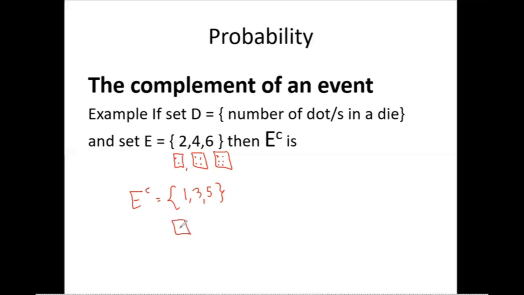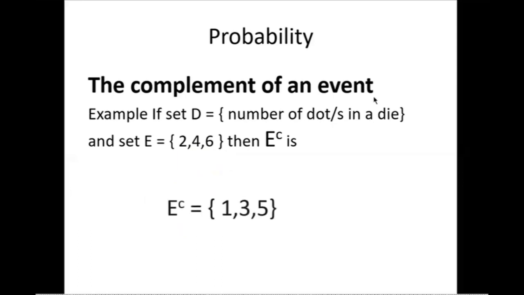So, yun yung 1 dot, tapos 3 dots, at yung 5 dots. Okay, so yun ang magiging E complement. Ayan. So, E complement are the elements 1, 3, 5.